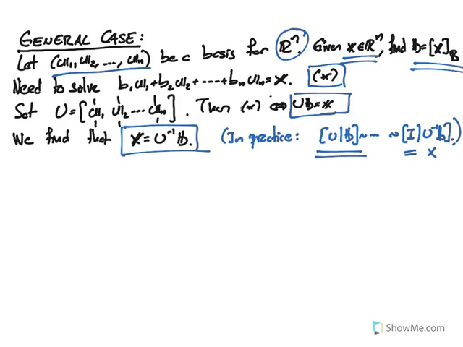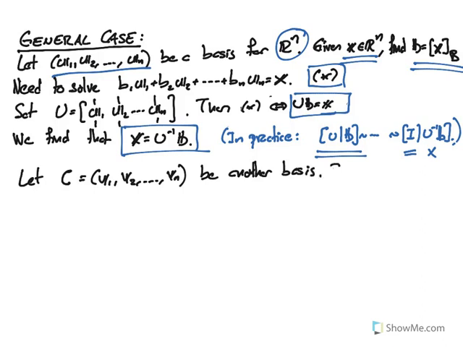Now, suppose we also are given a second basis. So let v be another basis, and then we let lowercase c denote the expansion coefficients in that basis.